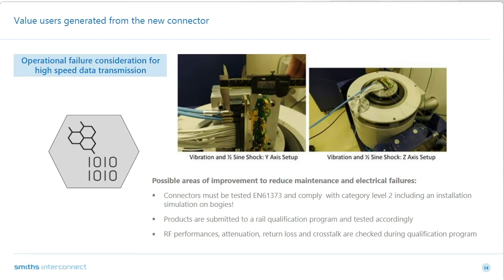In our case, what we have done is that we have tested the connector to EN 61373 standard, considering more severe conditions, because we have to remember that connector testing should comply with category level 2, including any insulation simulation, particularly in this case on bogies. The products in this case were submitted for rail qualification program and tested accordingly. Now, the RF performance, attenuation, return losses, and crosstalks were all checked during the qualification program.